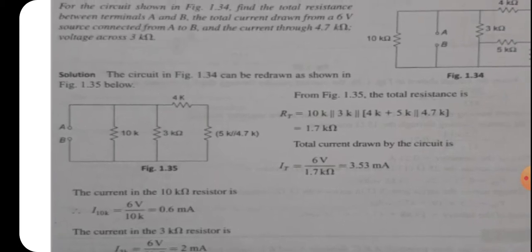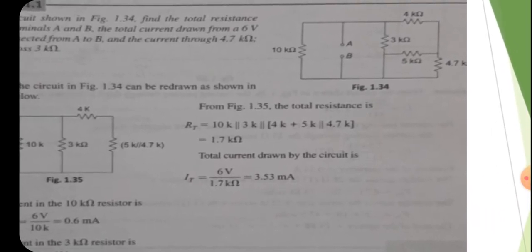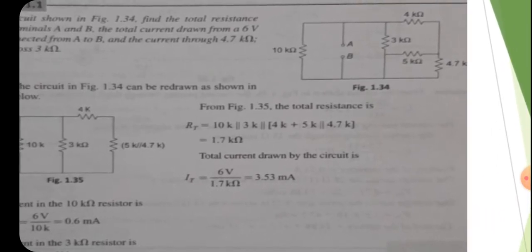But you are asked to find out the current through 4.7 kilo ohm. Okay, you have the current through the 4 kilo ohm resistor and the parallel combination of these two resistors. For that you should look at the circuit in 1.34. In that you can find that the current through the 4 kilo ohm resistor is 0.93 milliampere, right?